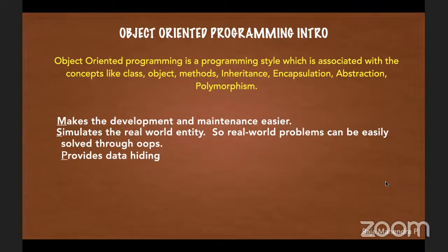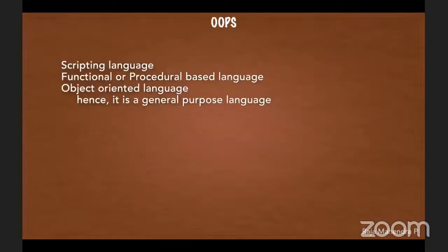There are different types of things. When you are building such projects, definitely we have to use object-oriented programming languages. It makes development much easier, and we always simulate such projects as real-world entities.